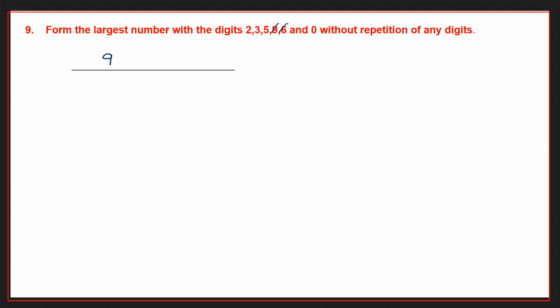Then we have 6, then 5, 3, 2, and 0. So we have every digit there. We've not repeated anything. Let's put commas in the right places. Ones, tens, hundreds, comma, thousand, 10,000, comma. So what do we have here?